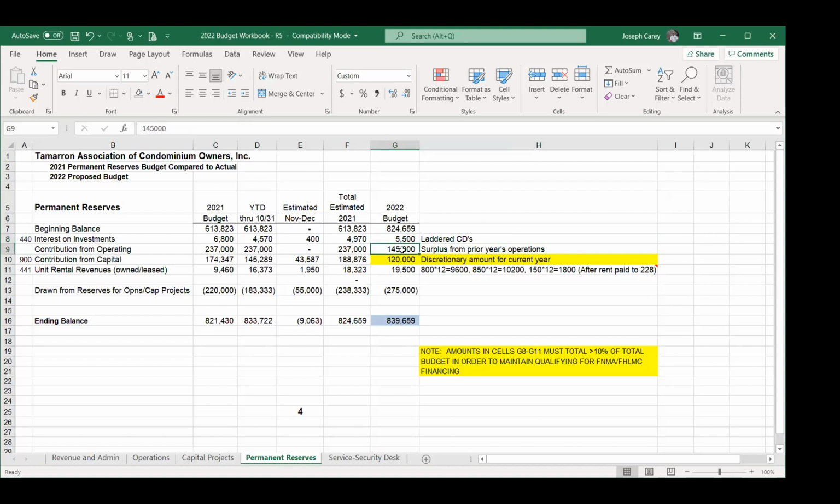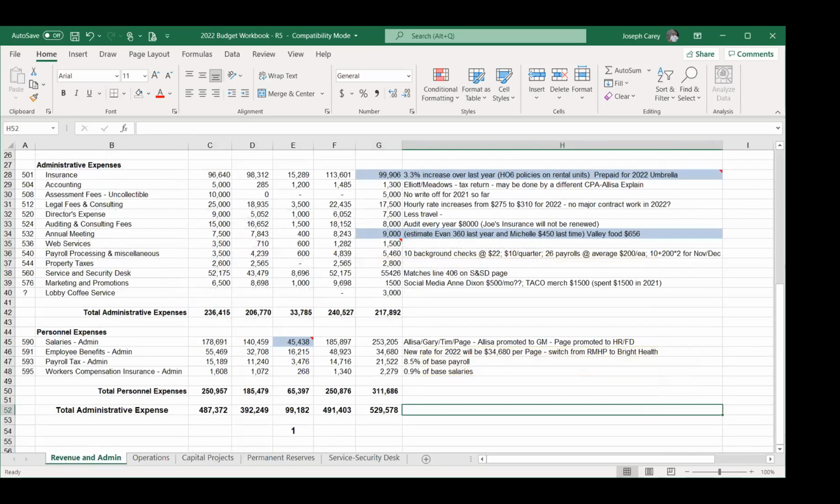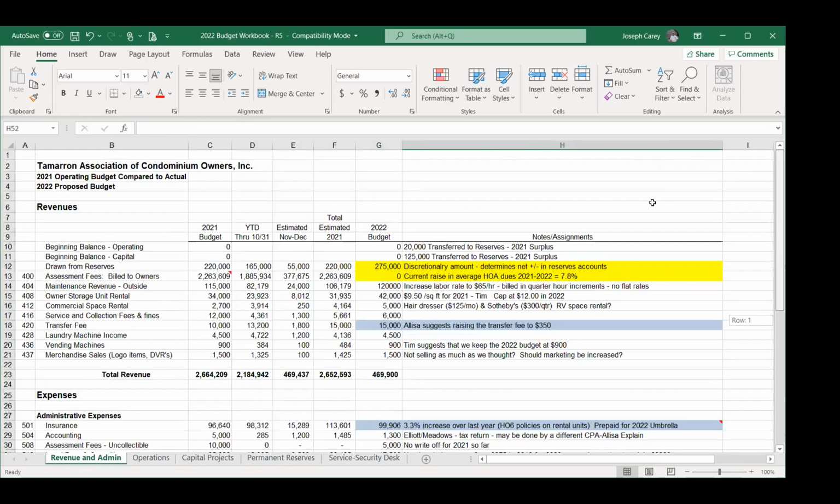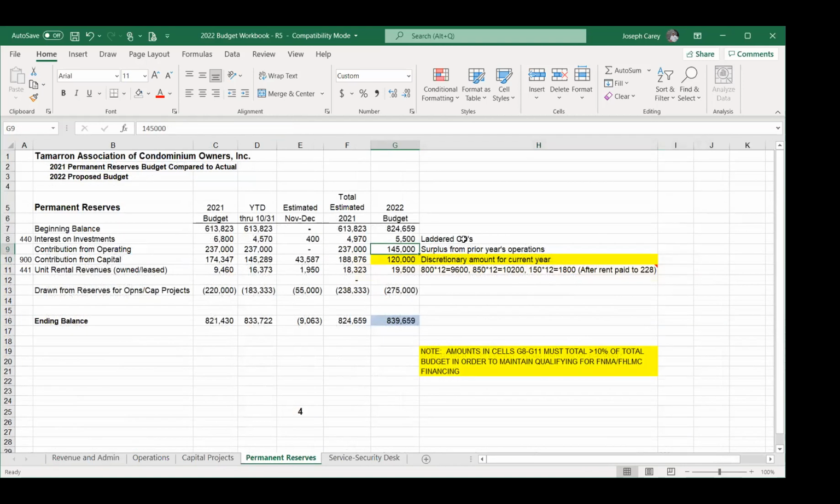So this 145,000, if you go back to the first of this meeting, where I talked about the surpluses that we had, you'll notice those two numbers add up to 145,000. So if we're going to transfer 2021 surpluses directly into reserves, that's where it shows up, right there.